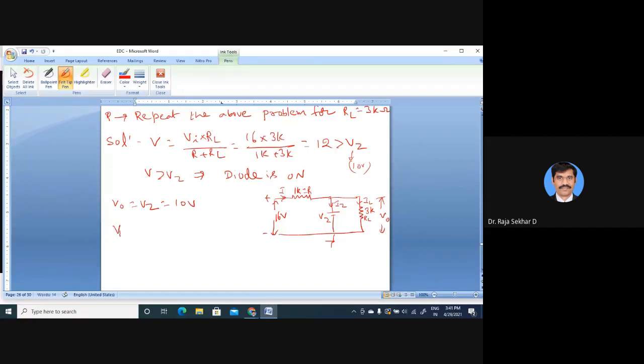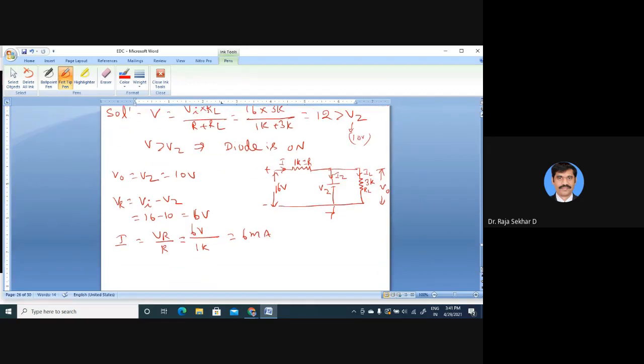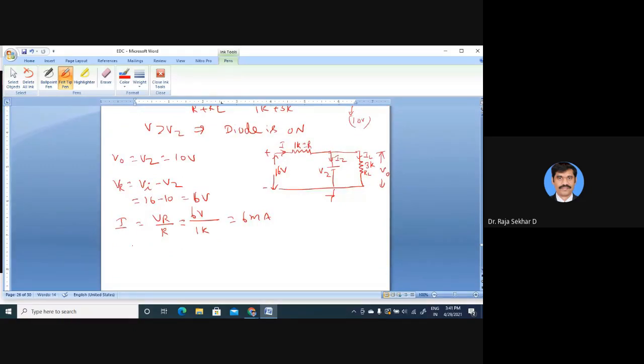Now VR is equal to Vi minus Vz, 16 minus 10, that is 6 volts. I is equal to VR by R, that is 6 volts divided by R, 1K, that is 6 milliamperes. Now what is IL?